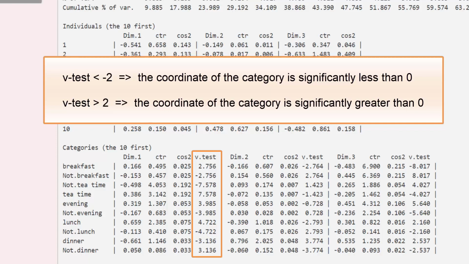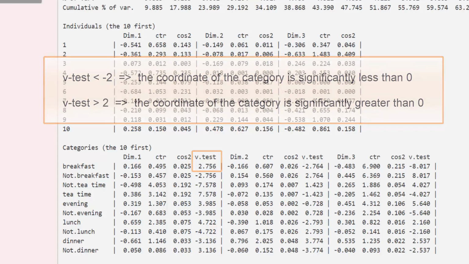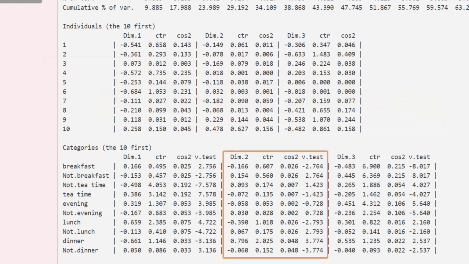This means that the category in question has a coordinate significantly different to 0. This is useful for knowing which categories have large positive or negative values in each dimension. For example, here, breakfast has a large positive value in the first dimension. We have the results for the first, second, and third dimensions.